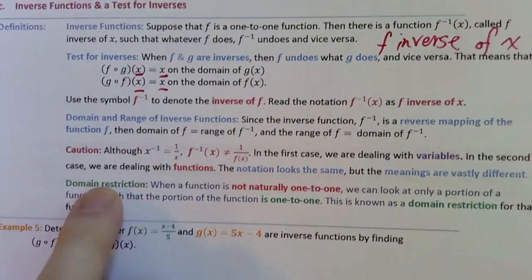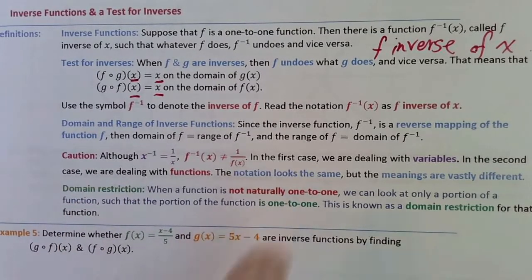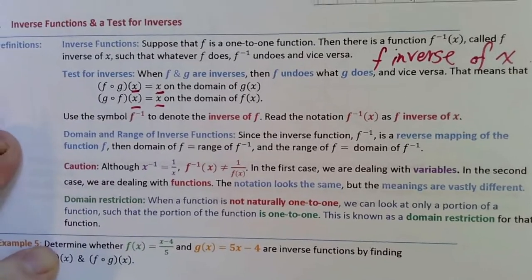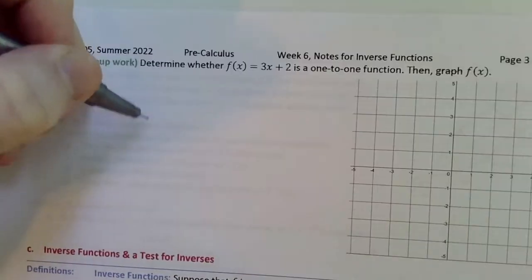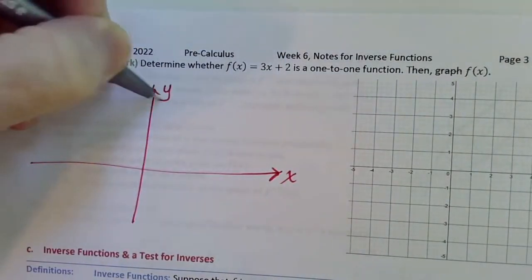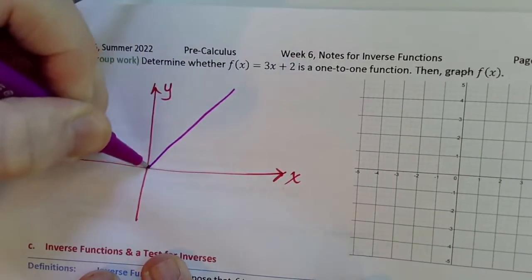Sometimes a function is an important function, but it is not naturally one-to-one. But we need to use it, we need to make it look one-to-one. And let me show you an example. What if we had the absolute value?